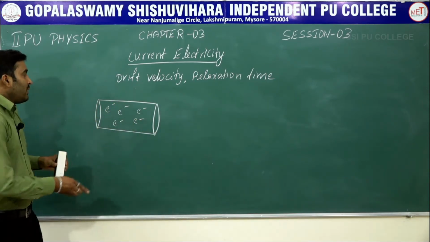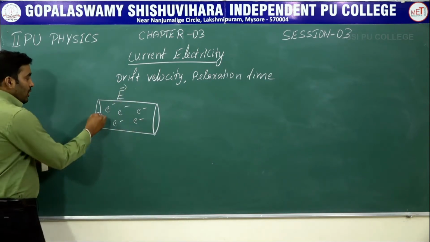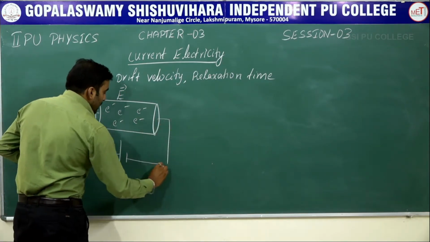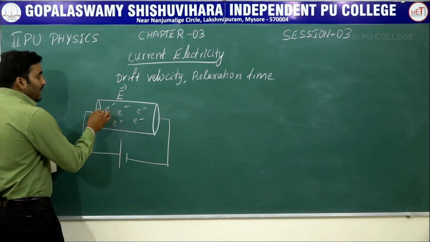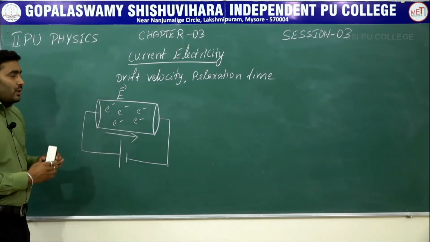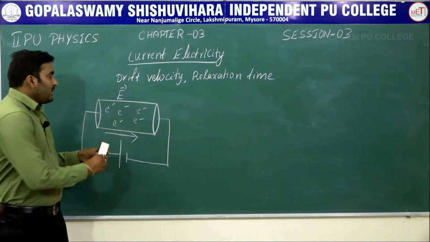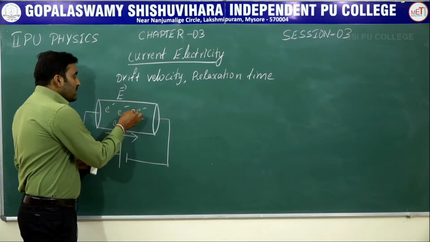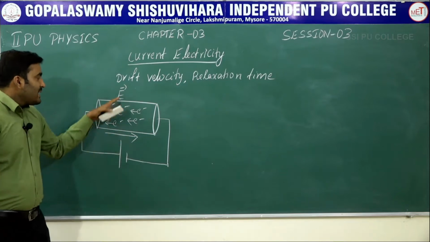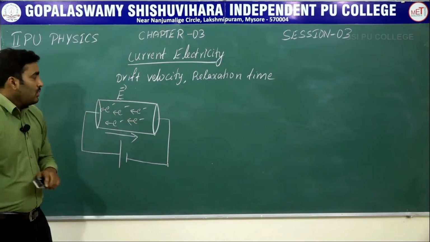We know that when we connect this conductor to an external source like a battery or a cell, a uniform electric field will be set up here. The direction of the electric field is like this, so the electrons in the conductor will be drifted towards the positive potential, against the direction of the electric field. This is what we learned in the previous section.